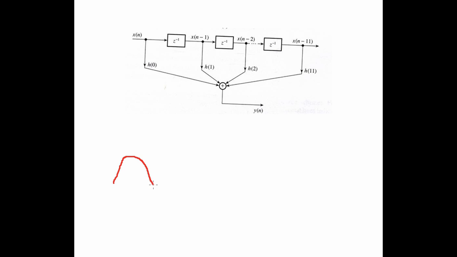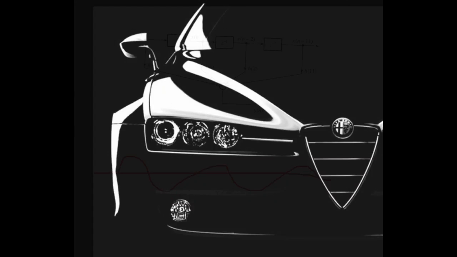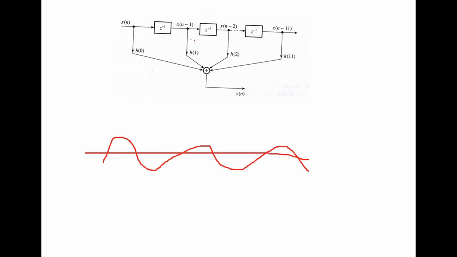If we look at a sine wave, maybe these are the values coming from your temperature sensor. This is your average value. Let's say these values were 2, 3, 2, 3, 2, 3, and so on.